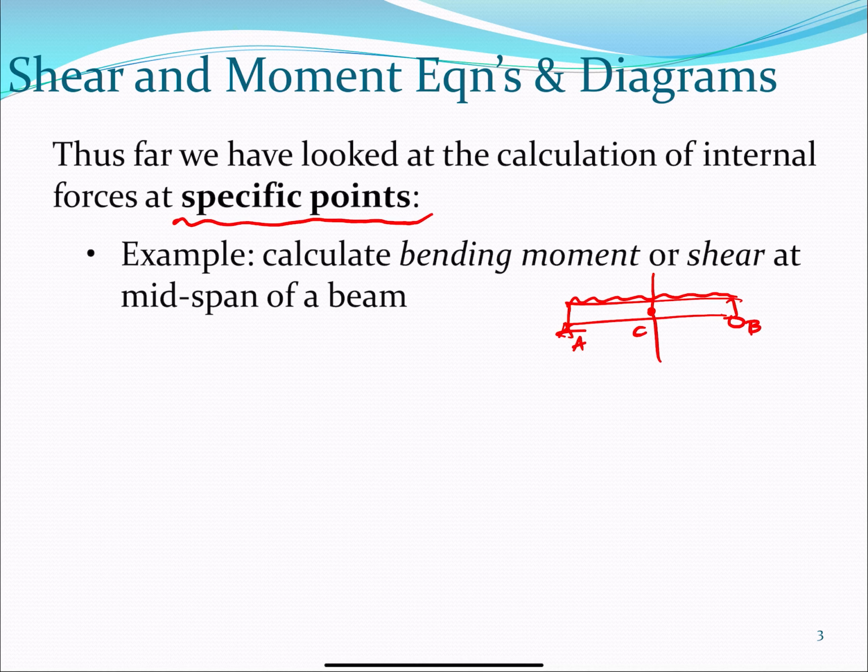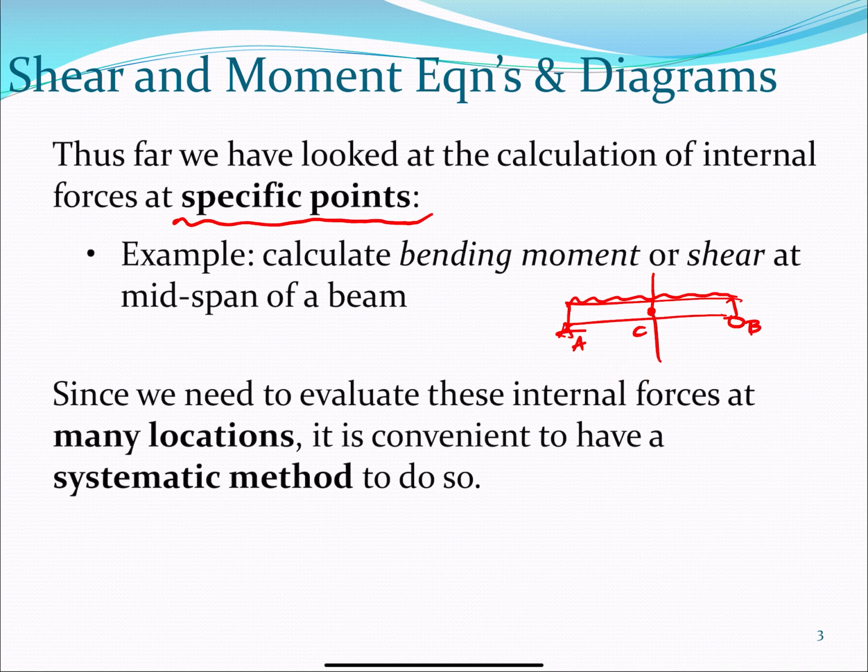So in some cases, those related to design, it's very important to know the internal forces not at a single point, but at any point. So in those cases, we'll need to evaluate the internal forces at many locations, and then it's important to develop a systematic method to do so.